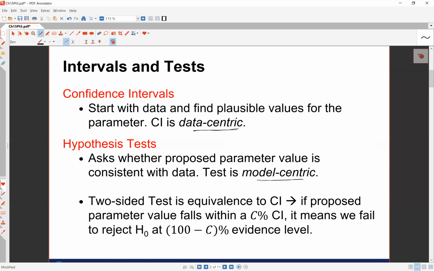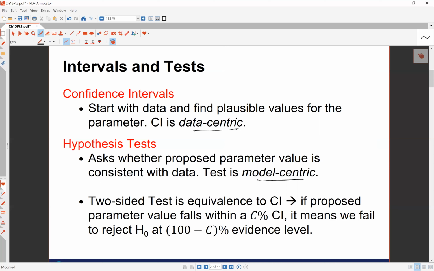We take a step in each direction away from our estimate. That's what we mean by two-sided. So if you are doing a hypothesis test with a two-sided alternative, there is some equivalency there to a confidence interval that is two-sided the way we've done them.